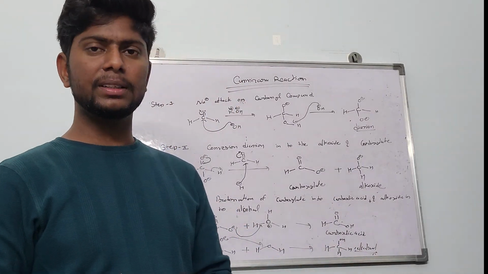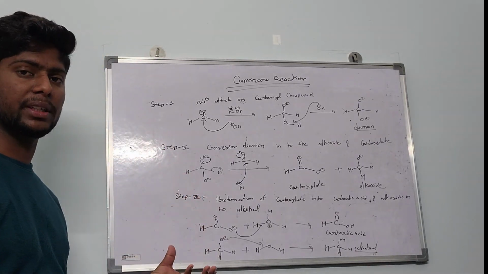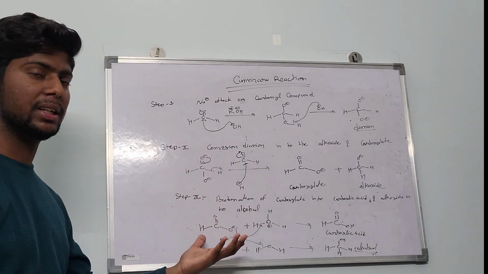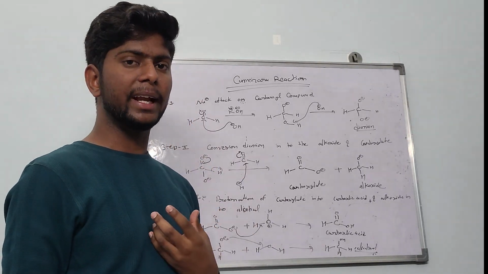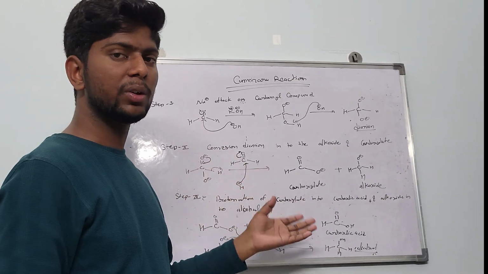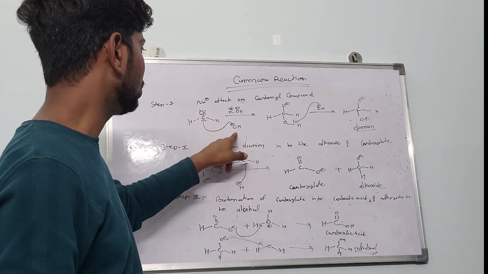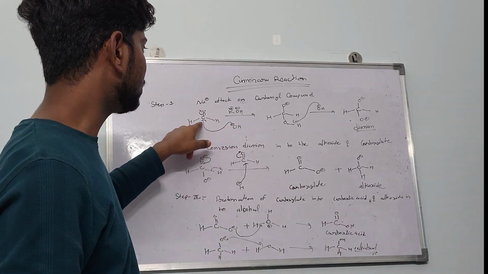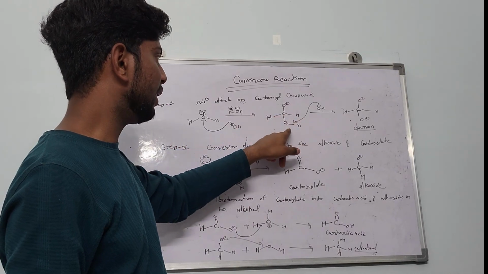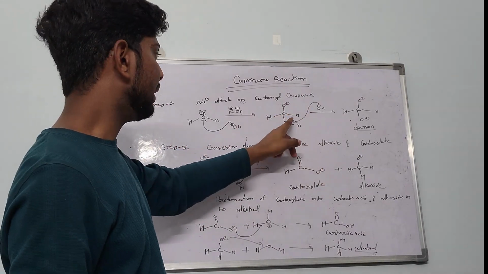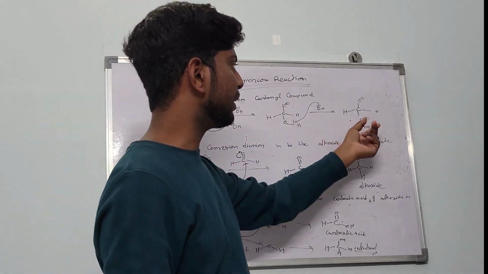So now we conclude our Cannizzaro reaction. What did we discuss? We use two molecules of aldehyde that do not have alpha hydrogen. In the first step, OH minus is attached and breaks the double bond and makes O negative charge, and again we use the base, and it abstracts the hydrogen and makes the diene.